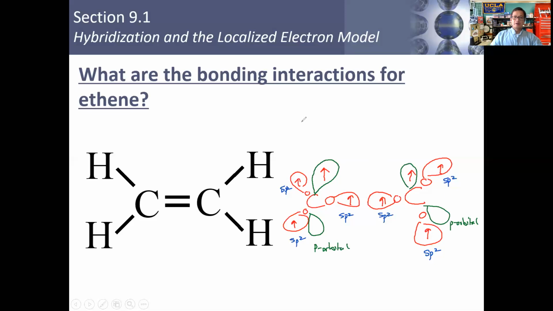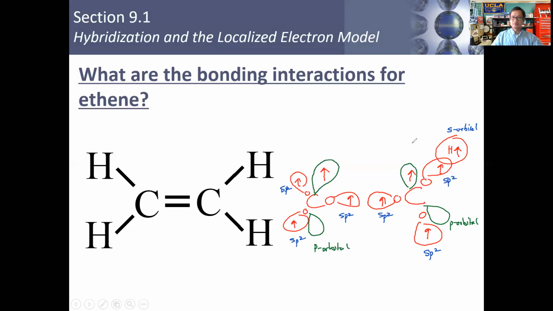Okay. All right, so with the hydrogen here, let's go ahead and draw this interaction. The hydrogen comes in with its one electron, and this one's going to be in the s orbital. So the hydrogen here is an s orbital, an unhybridized s atomic orbital. And the same thing holds true. And so we said in this particular case, this was a sigma bond. Okay, so let's write this down.